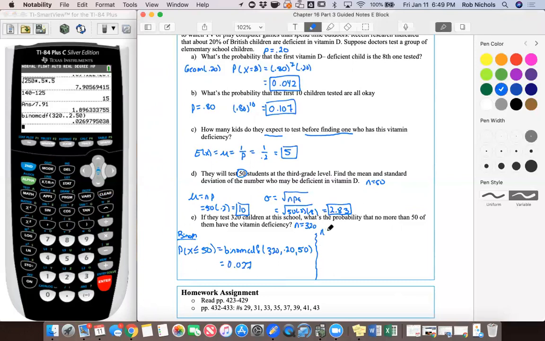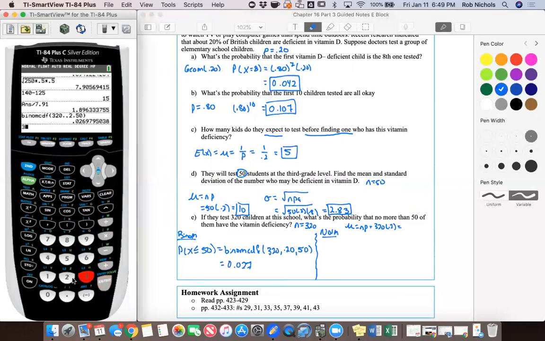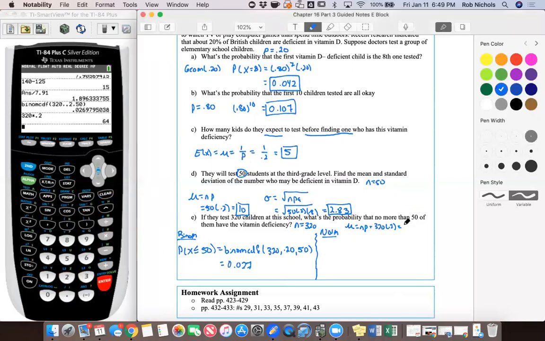Now let's take a look at the normal approximation. So step 1, we need to find a mean, which is going to be n times p. So we want 320 times 0.2, and we get 64.